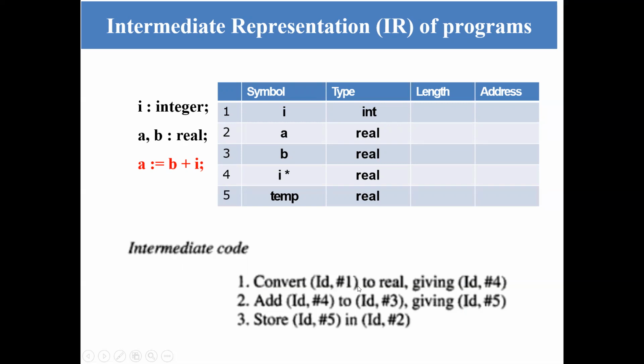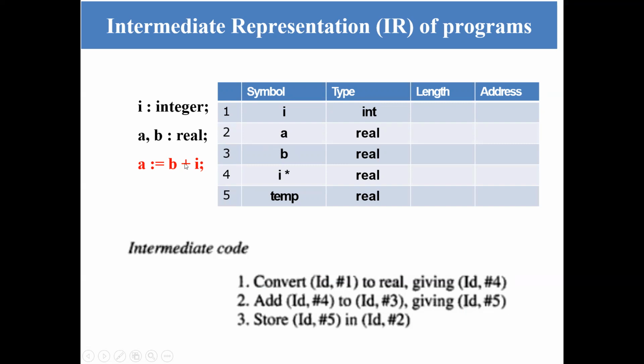Here don't use the alphabets directly, that is, you cannot use I here. Instead of that, you have to use the token. The token for this I is ID hash 1 to real, and giving ID comma hash 4 means this is the I star. Now next, add that ID hash 4 to ID 3. What is that ID 3?